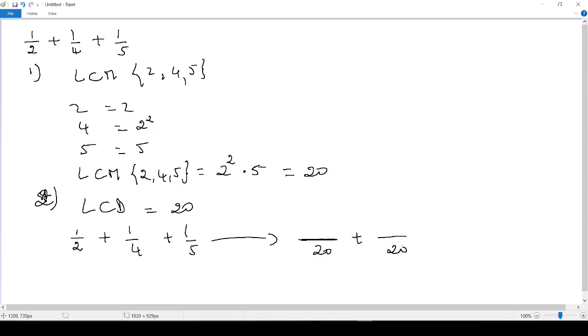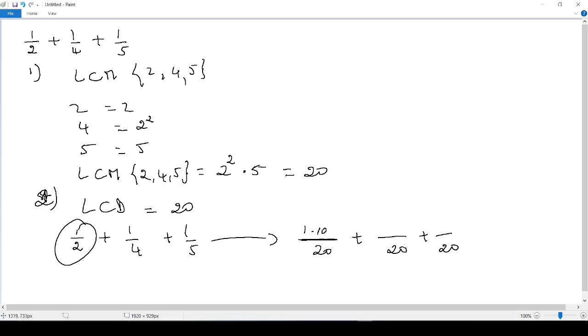For the first fraction, you take the bottom, that's 20, you divide it by 2, and you have 10, and you multiply by the 1, so 1 times 10.